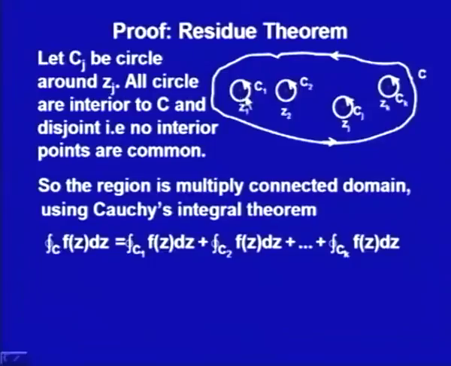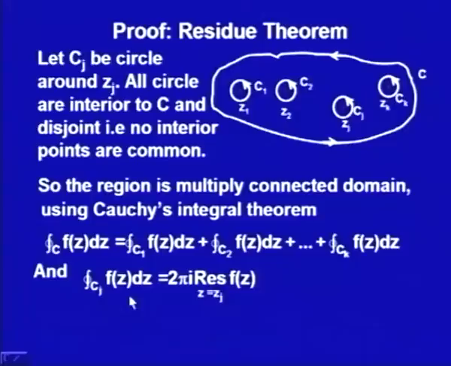Similarly, since we have taken these contours or these circles such that there is no other singular point inside them, and f remains analytic at all the points except at the point of singularity, for each C1, C2, up to Cj, Ck, this residue integral formula can be applied. So, for Cj, the integral of f(z) dz would be 2 pi i times the residue of f(z) at z equal to zj.